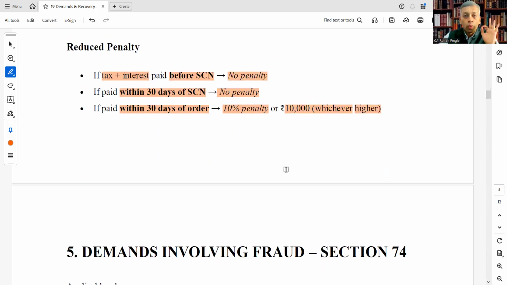So the penalty is reduced when tax and interest are paid before issuance of show cause notice, or within 30 days of show cause notice, and the 10% penalty is levied when it is paid within 30 days of order.